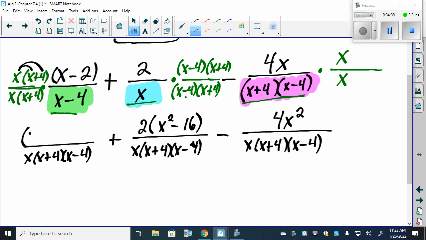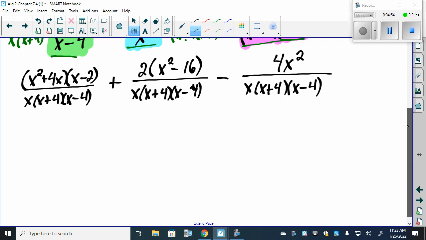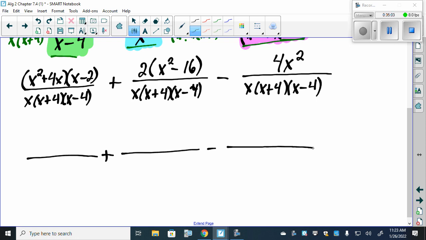Well, x times x is plus x times 4 is 4x. Well, our denominators are all going to be the same.